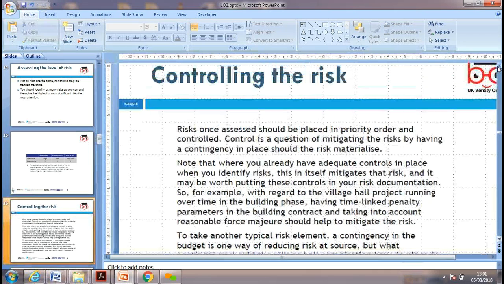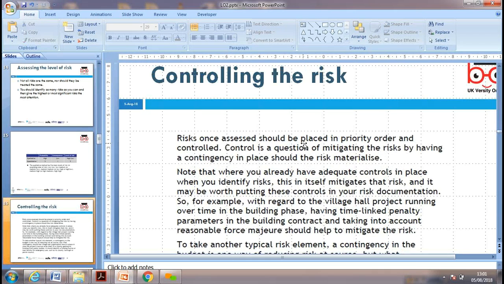So control risk: can we control it? Yes. How can we control the risk? We can control the risk by evaluating the factors that may seem problematic, and we could scale them down to see which factors are more troublesome or less troublesome, and categorize them by the intensity in which they may seem problematic.